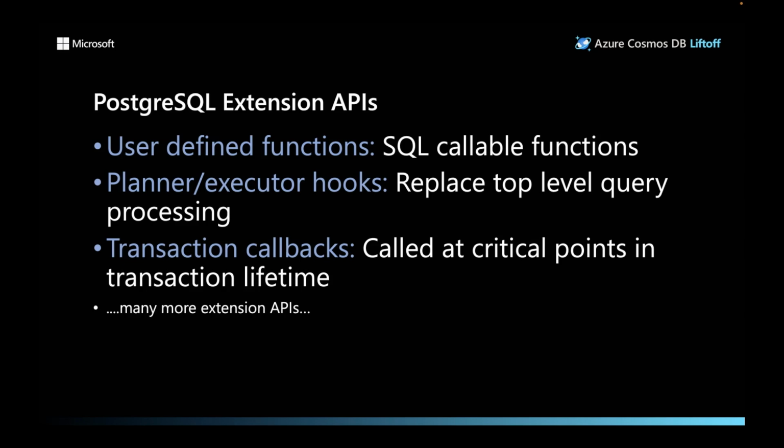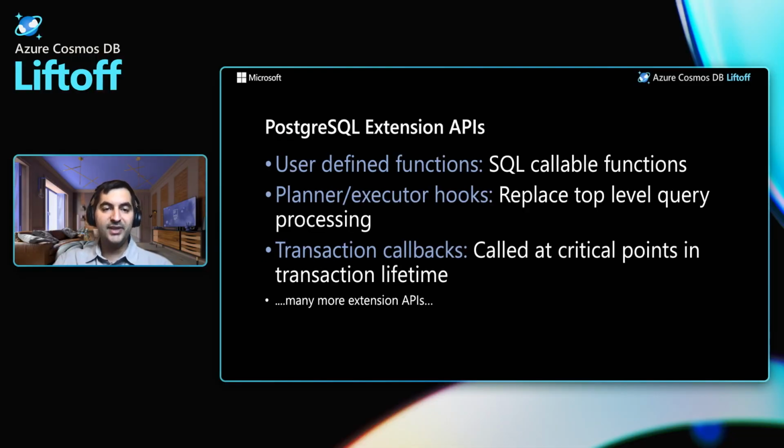I think probably the more important parts are planner and executor hooks. So PostgreSQL allows extensions to override how the planning and execution is done on the database. And as being a transactional database, PostgreSQL also allows extensions to override, to extend what happens during the transactions. Especially in the critical points of the transactions, like just before the commit or just right after the commit.